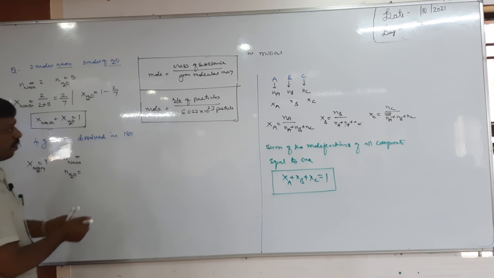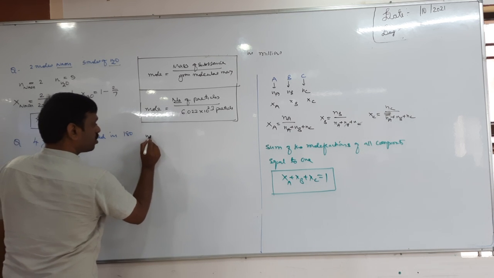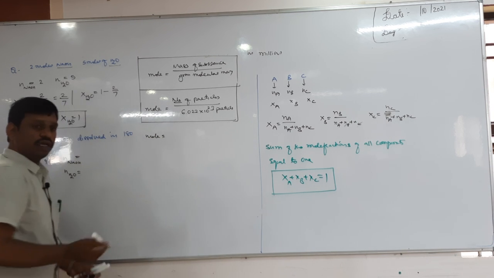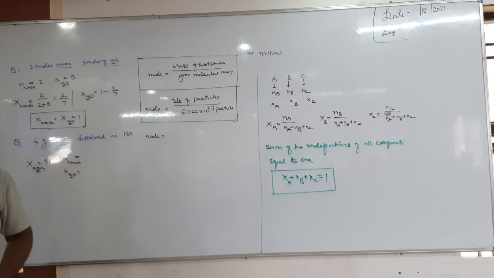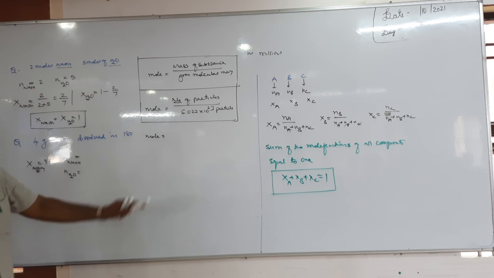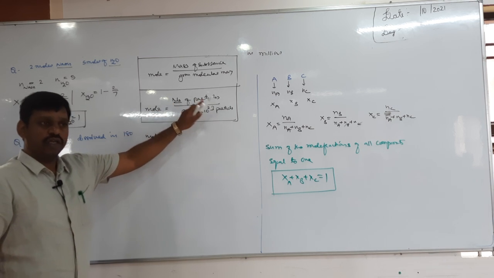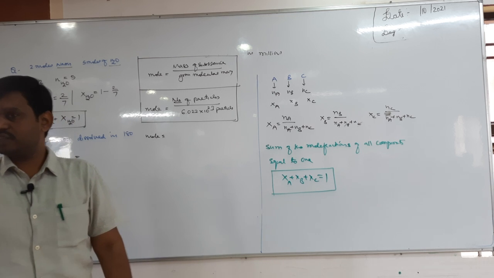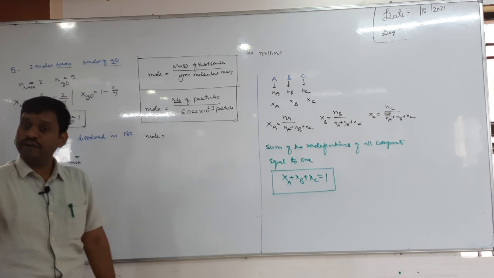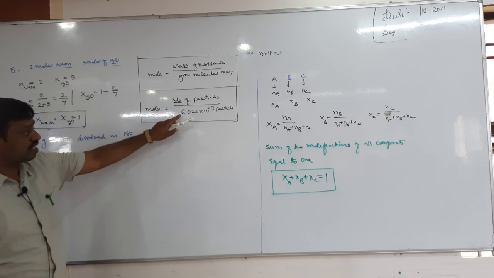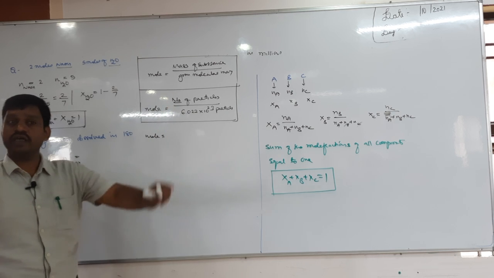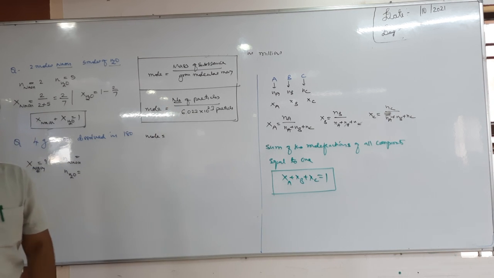There is another formula, mole also related with volume. Tell me, if volume is given, how do you calculate mole? Mole equal to, in place of number of particles, you take volume of the gas divided by, in place of Avogadro number, 22.4 liter.